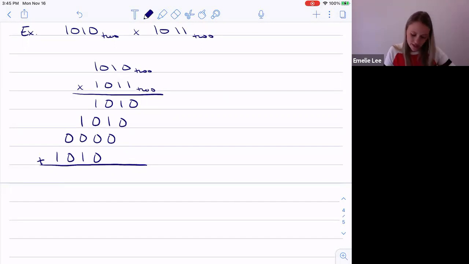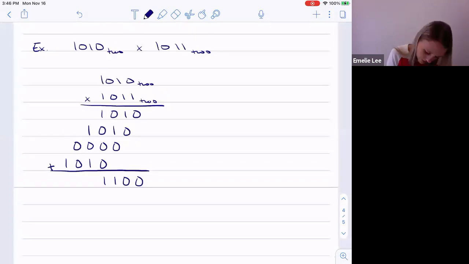All right, so now I collapse this all down by adding them together, keeping an eye out for 1 plus 1, which I need to be careful with. Hey, this is a great example. So I have 0, 1 plus 0, 0 plus 1 plus 0 is 1, 1 plus 0 plus 0 plus 0 is still 1, 1 plus 0 plus 1 gives me 1, 0.